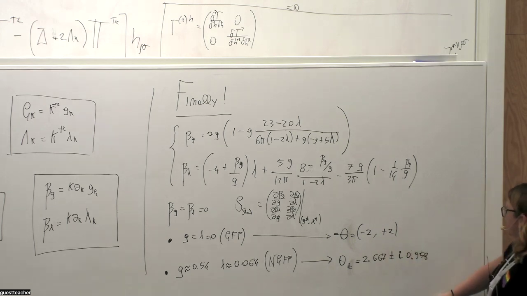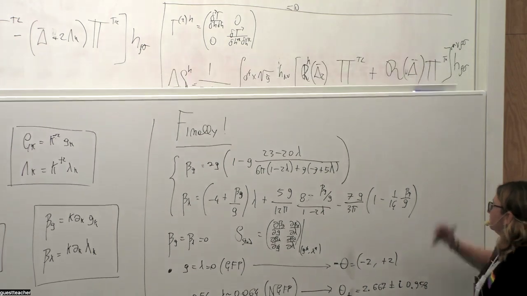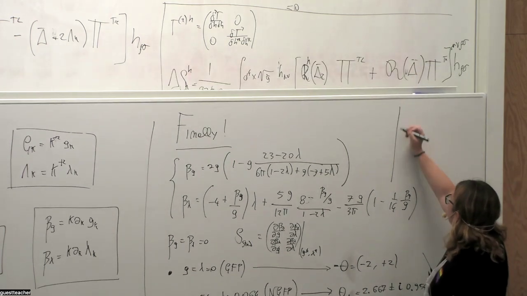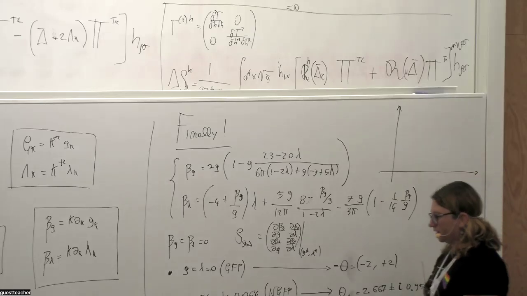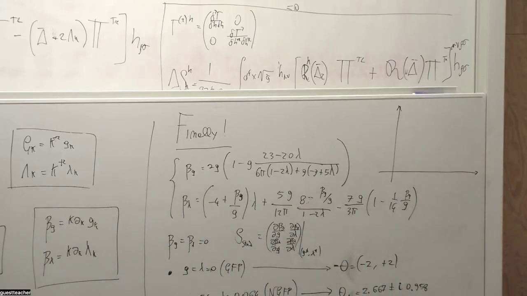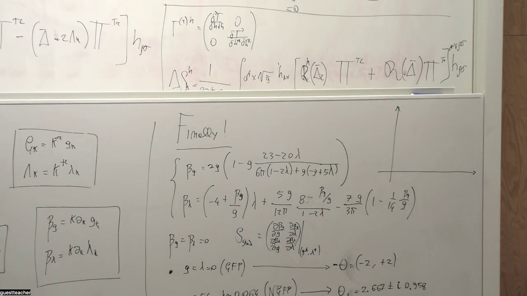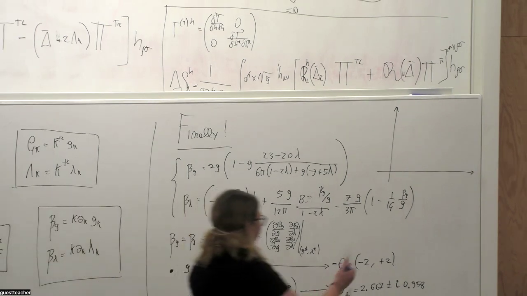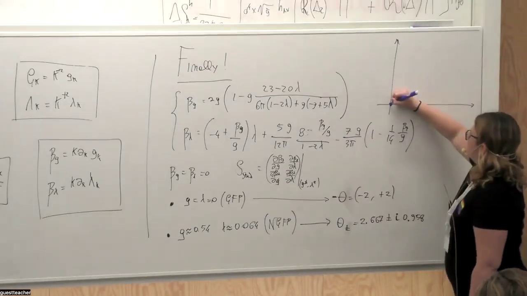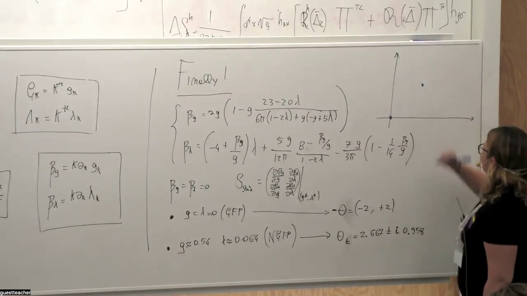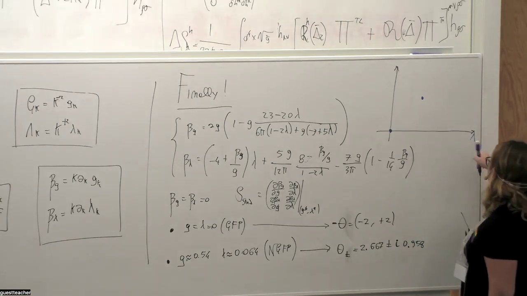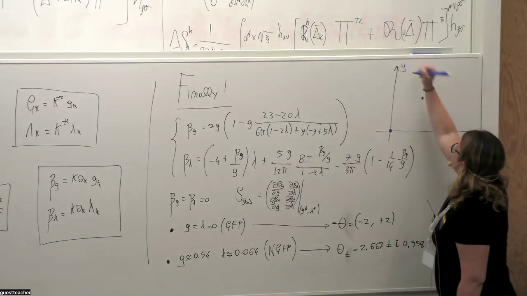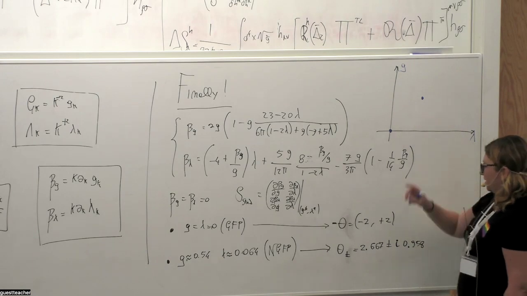So finally, looking at the phase diagram, based on these beta functions and these fixed points, what is the situation? We get that there is one Gaussian fixed point and somewhere a non-Gaussian fixed point. Here, let me represent the dimensionless cosmological constant and the dimensionless g.